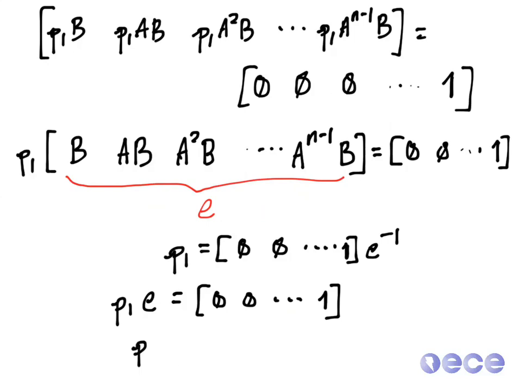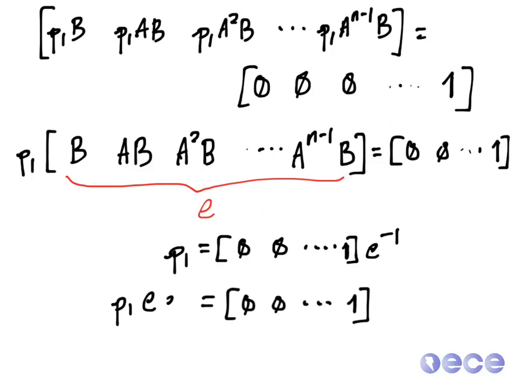So P1 is equal to, I'll just make sure that this is clear here. So I'm going to post multiply both sides by E inverse. And so now we see that this will become an identity matrix here.